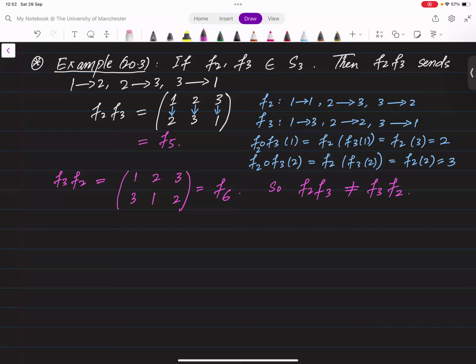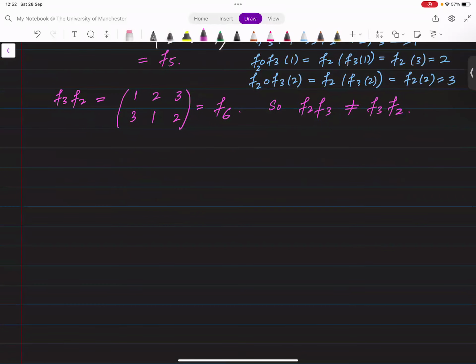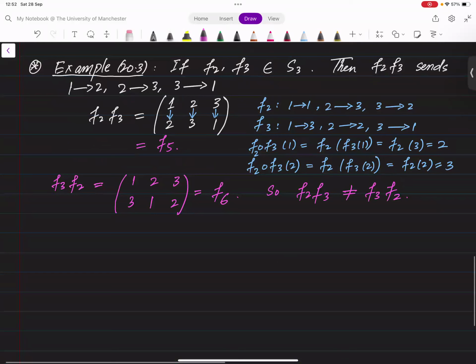So using this composition, let's try to compose everything in S3, and we can do that. So this is part 1 of example 20.3. Let's do part 2.